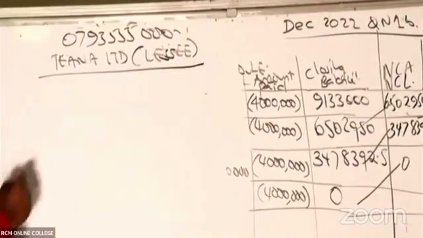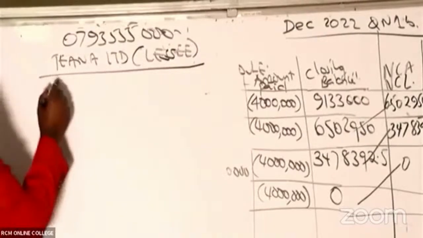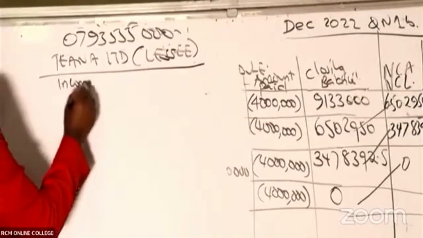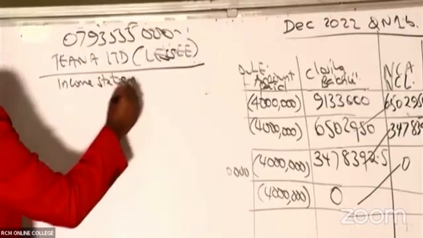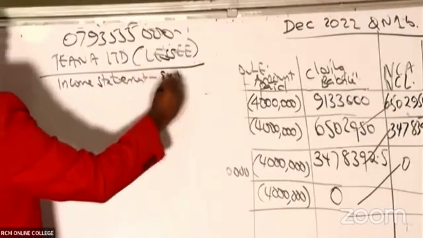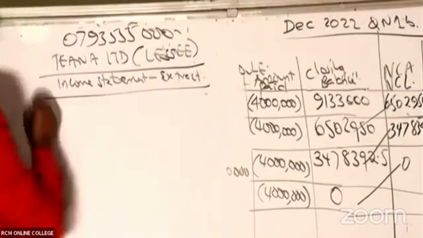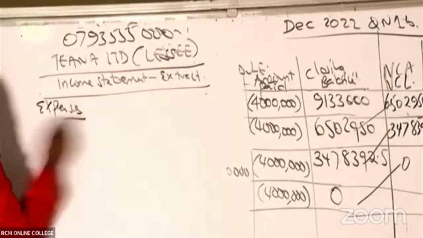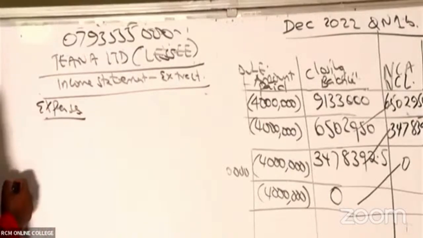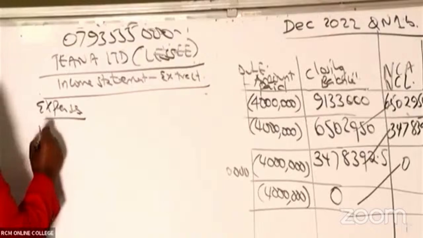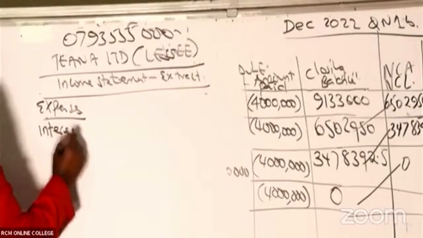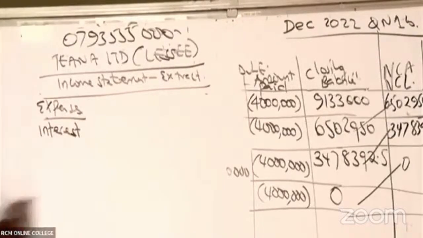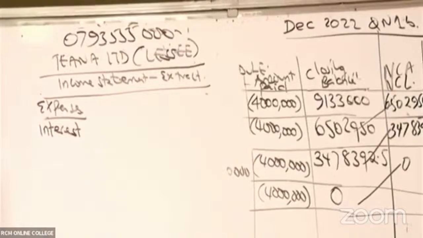So we start with the income statement extract. We have got two expenses basically here. We have interest expense. You can call it finance cost if you want to shine a little bit.